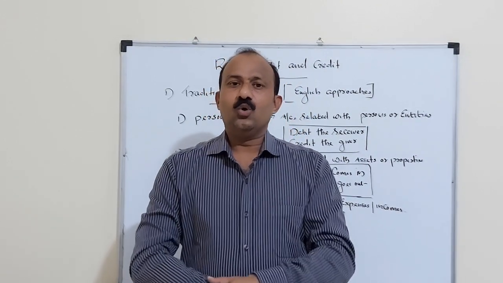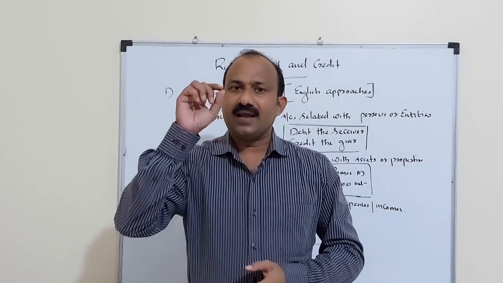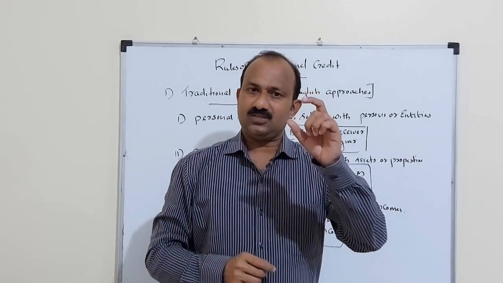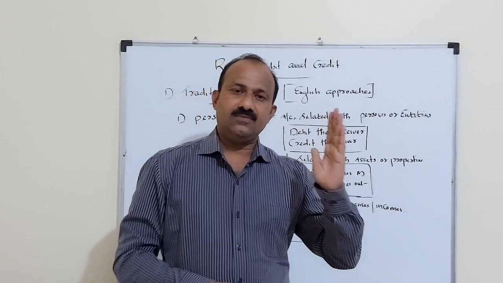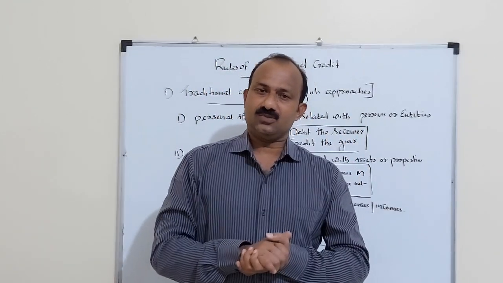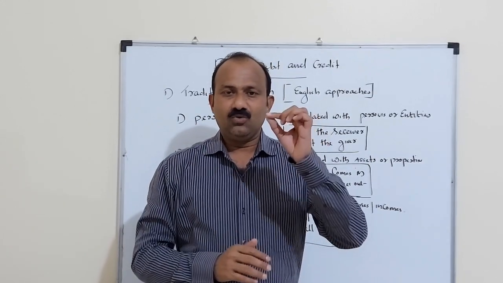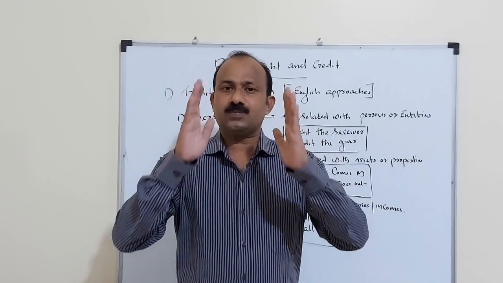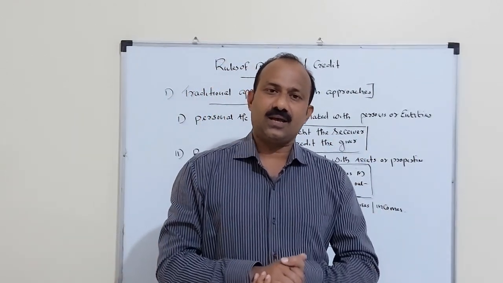Number 3, nominal account. The word nominal, the name itself indicates accounts related with expenses and incomes, or we can call them losses and gains. The rule of the nominal account is debit all expenses and losses and credit all incomes and gains.